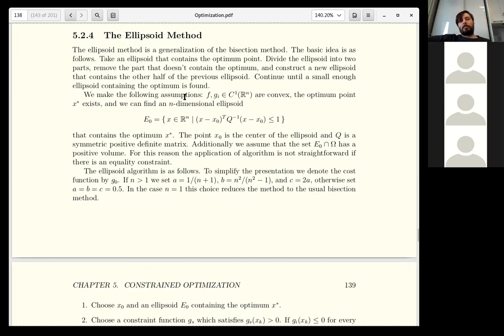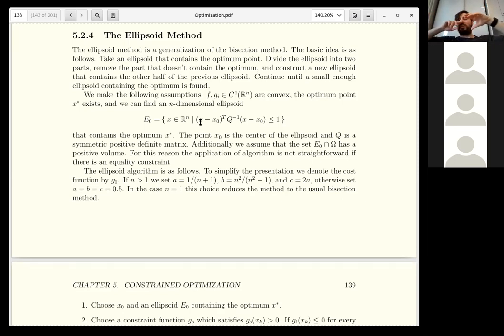So basically an ellipsoid is a generalization of a ball. So instead of having the quadratic form, just directly, (x minus a) squared plus (y minus b) squared plus (z minus c) squared smaller than or equal to r squared.